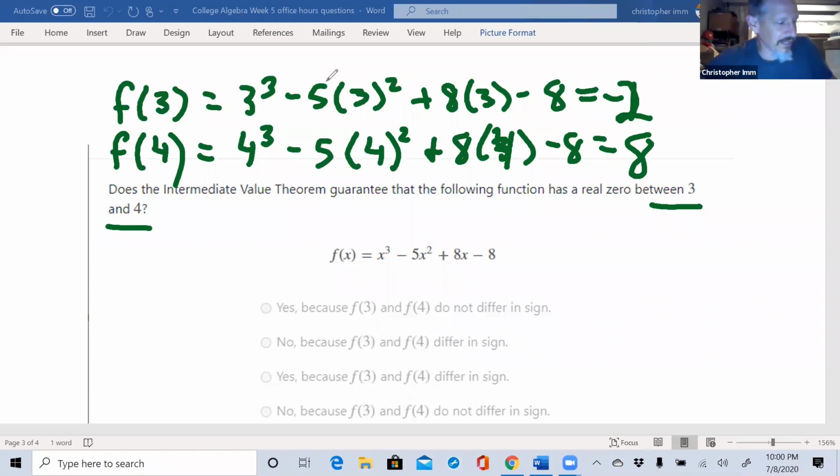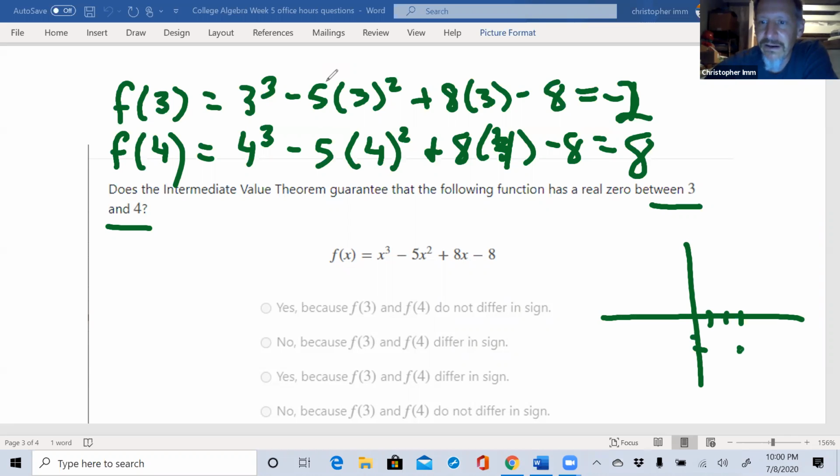So what that essentially means is graphically, over here at 3, we have a negative 2. So I'm down here. But when we jump to 4, this goes up to 8.